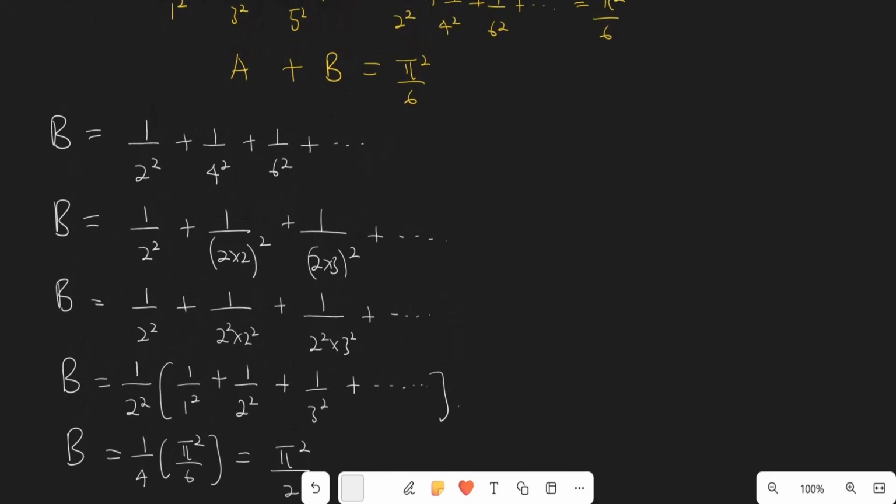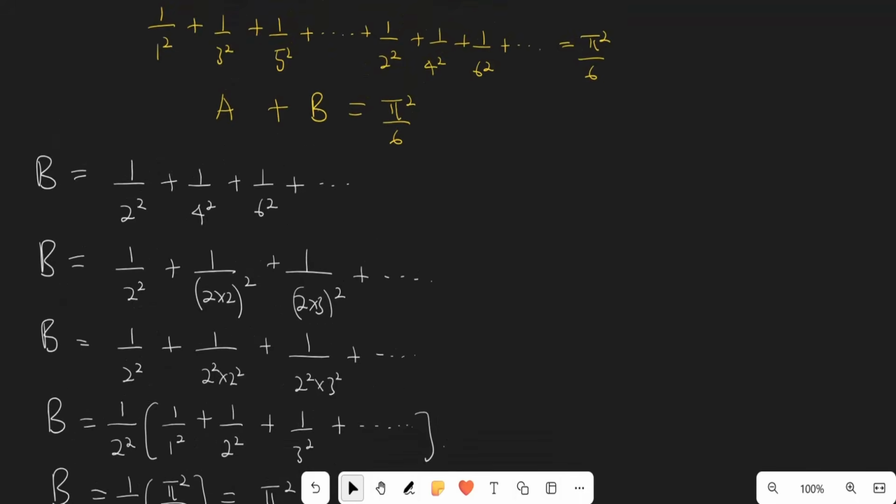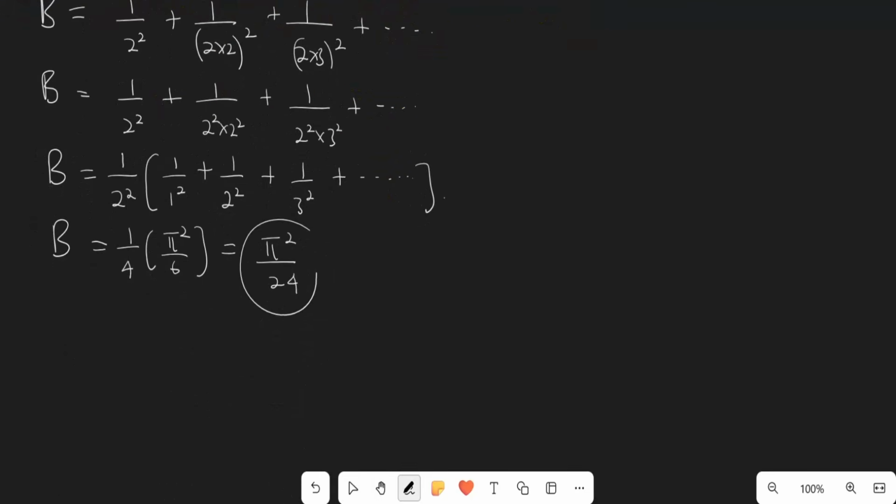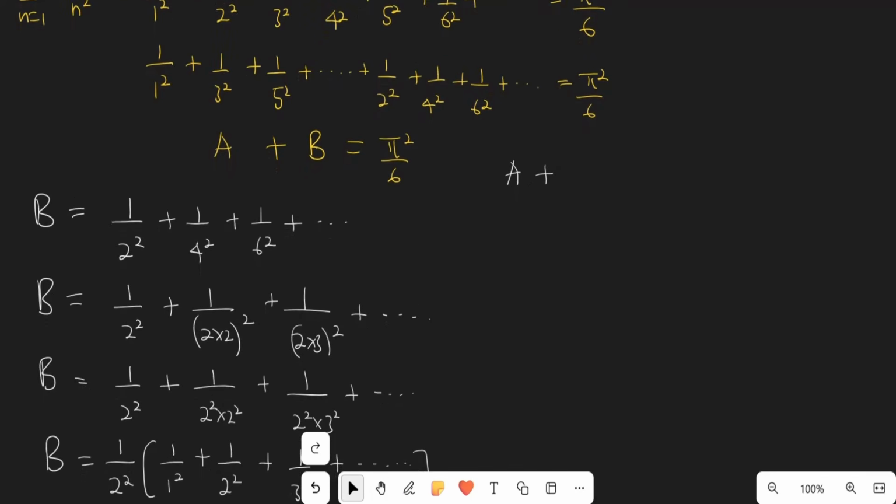Now that we have B to be pi squared over 24, we can find the sum of A, right? Because we know that A plus B will sum to pi squared over 6. So we have A plus B. B is summing to pi squared over 24. So that is A plus B, and B is pi squared over 24, which is equal to pi squared over 6.